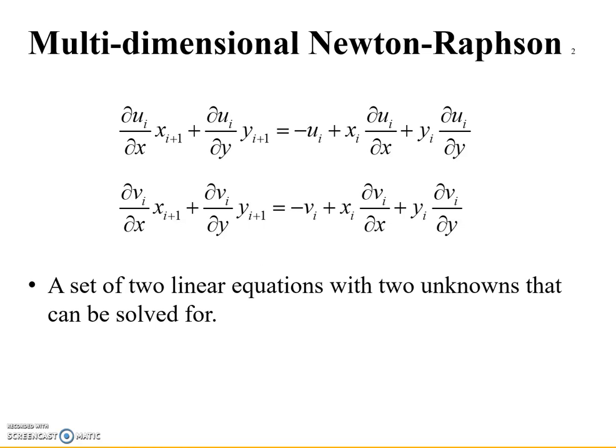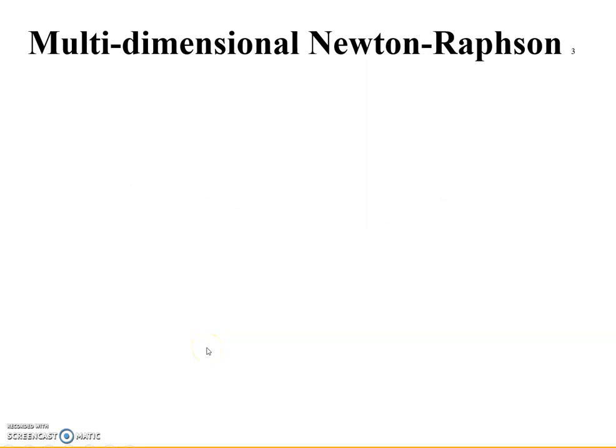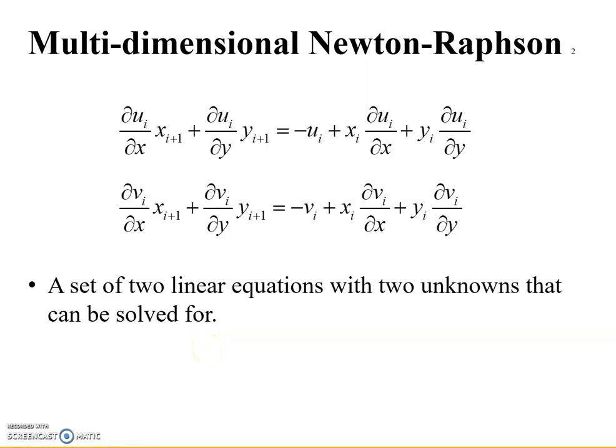We can write down the equations in two variables in this form. I will not go into the derivation of these equations. This is a set of two linear equations with two unknowns that can be solved for the values of x. So what are the unknowns?